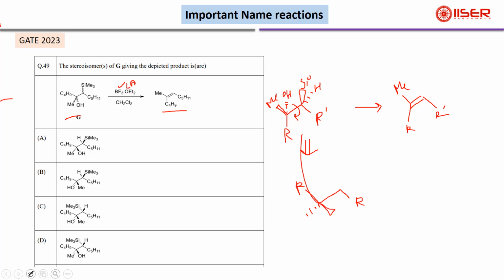And due to rotation, this OH group comes above the plane and methyl goes below the plane. And this is silicon.